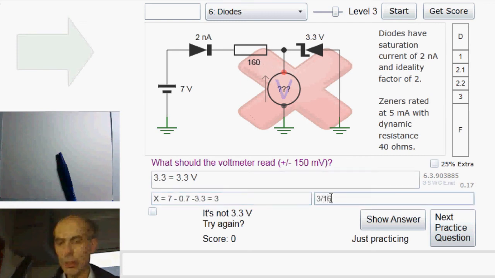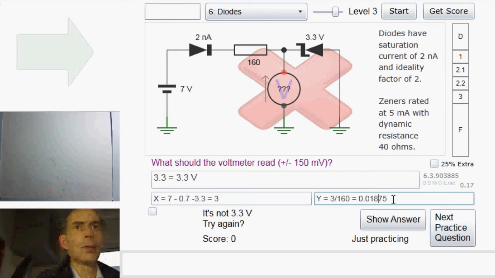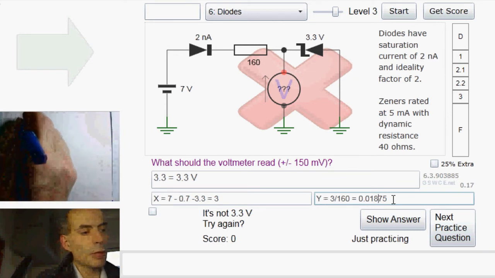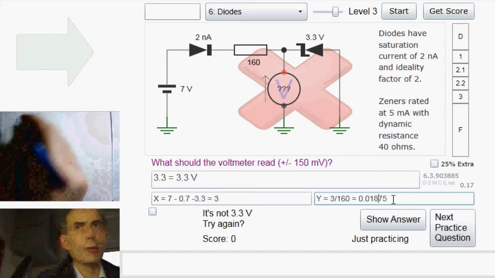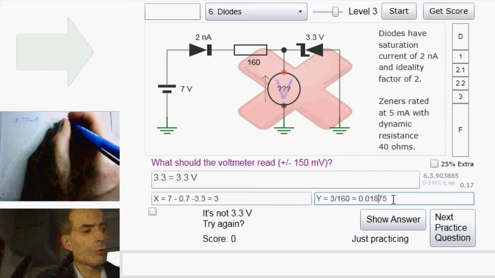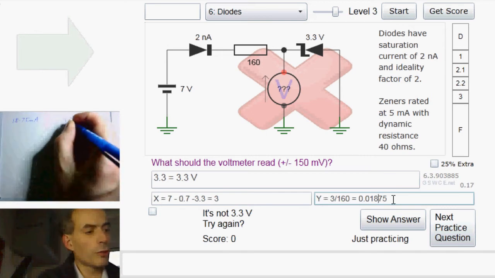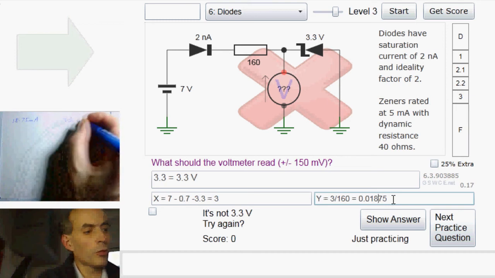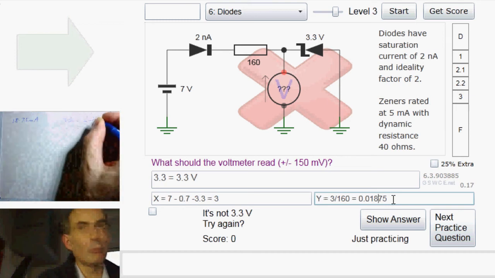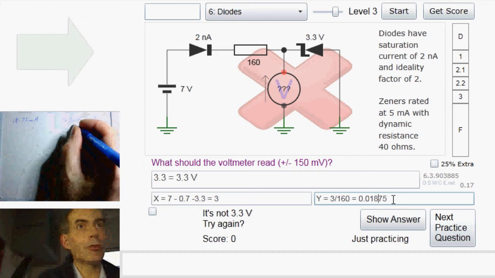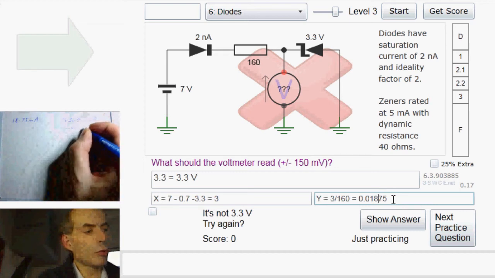So the current through that resistor should be around about, well, that's 18.75 milliamps, which is quite a long way from 5 milliamps. So we've got 18.75 milliamps flowing through a Zener that is rated to have 3.3 volts across it at 5 milliamps of current and a dynamic resistance of 40 ohms.